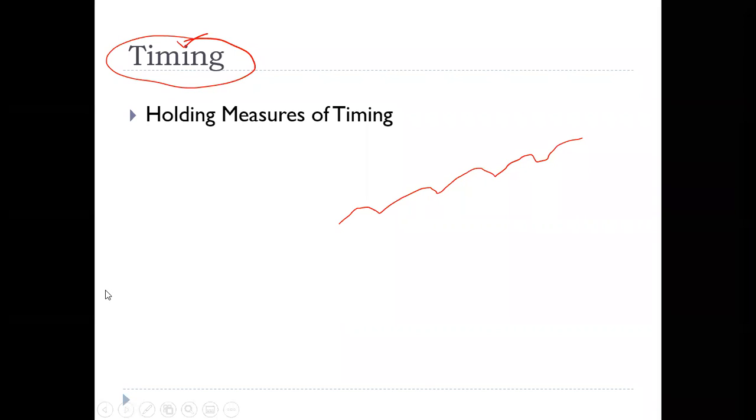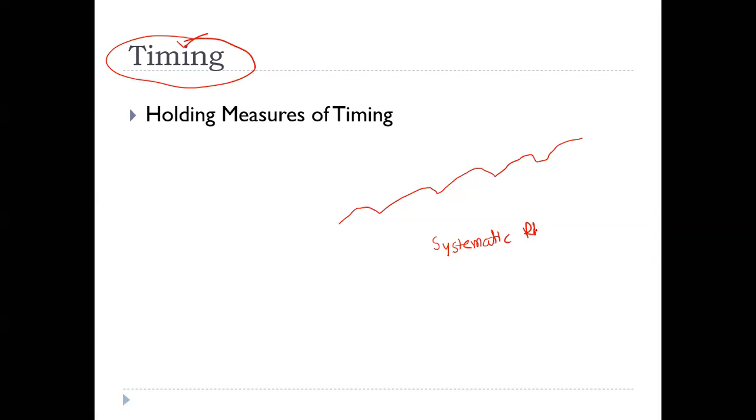Okay. The thing is that when the condition is like this and you as a fund manager have anticipated this properly, what will be your tendency? To increase the systematic risk or to decrease the systematic risk?